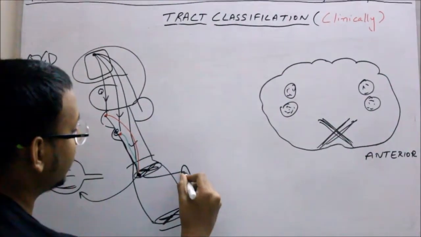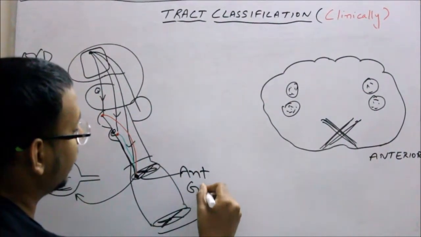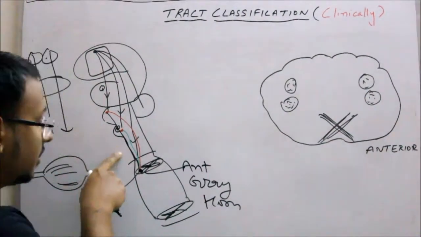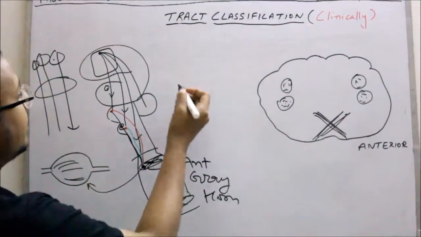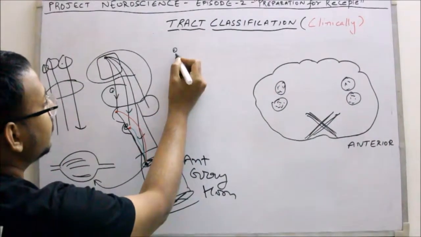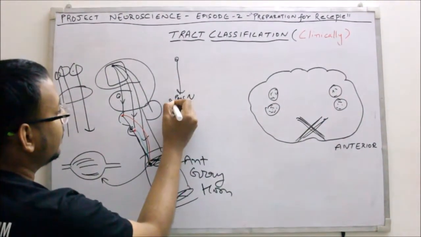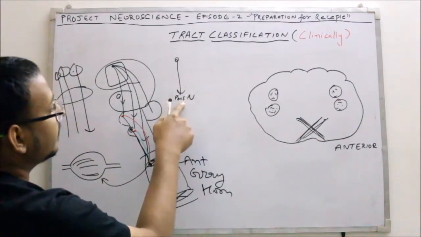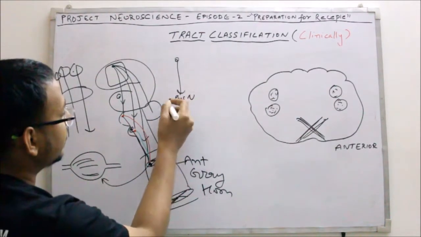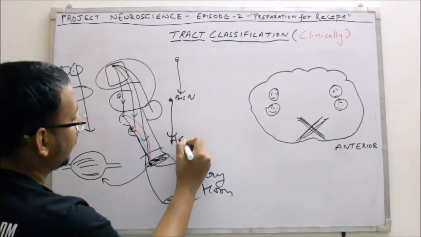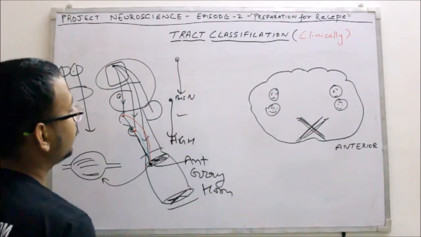It is important, it is the anterior gray horn cell. This is also the upper motor neuron. So if a fiber from the motor cortex ends onto the pons nuclei, and the fiber from the cell body in the pons synapses here on the anterior gray horn cell, that is also the upper motor neuron.